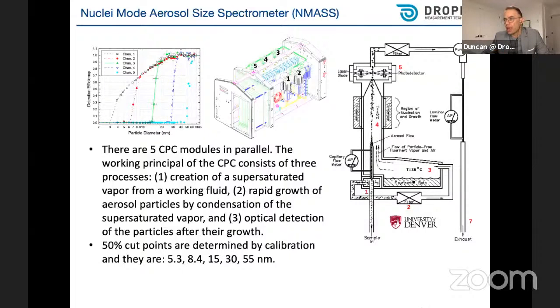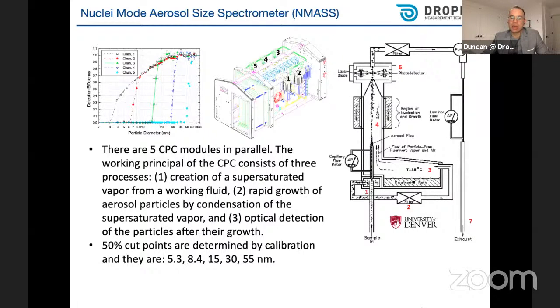So one way is to condition the aerosol, meaning you're changing its properties. And the way you do that, in this case, is you grow it. So you're growing it to a very large size, where it becomes a droplet, and then you measure the droplet, and you count it.